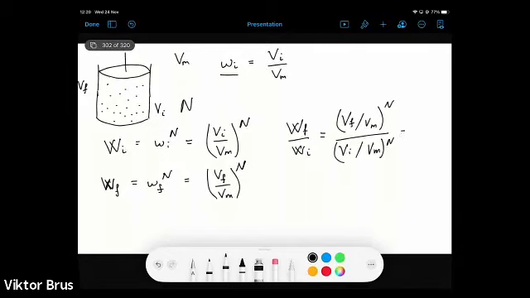And that will result in V final divided by V initial in the power n.